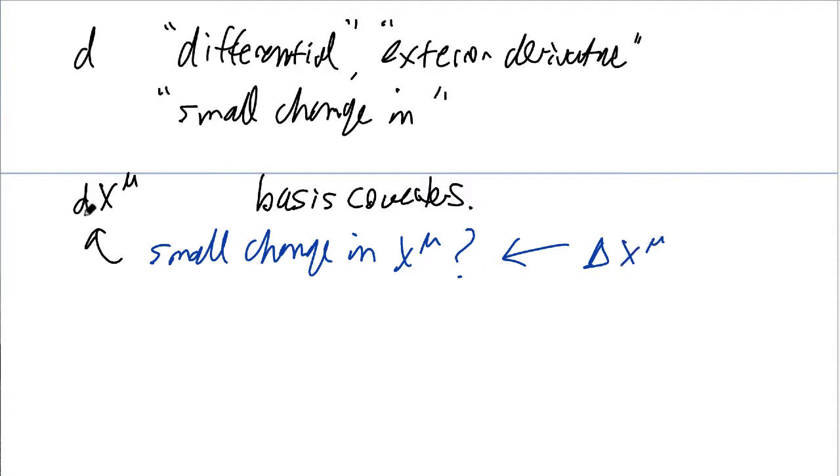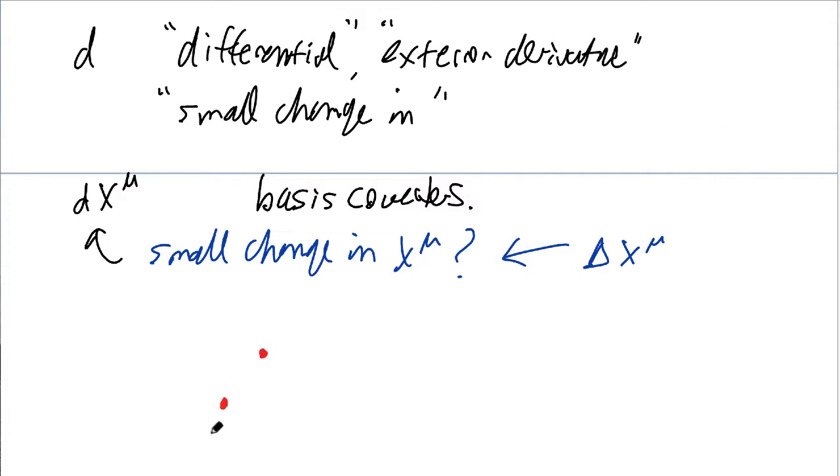And whenever I write the d, I mean it in the mathematical sense as the differential or exterior derivative. Well, what do we mean by a small change in the coordinates? Let's draw a picture here. Let's say we have 2 points in our space that are close by.